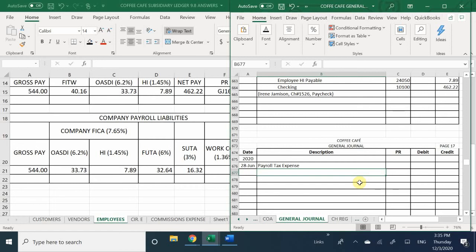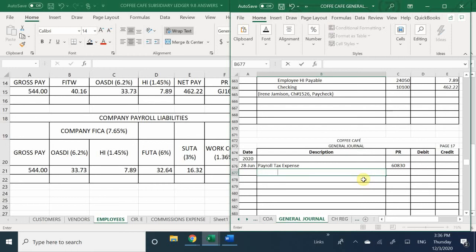So payroll tax expense. Now, what account number is that? I think it's 60... payroll tax, 6830. All right, good. Okay, so let's go ahead and lay out the foundation.